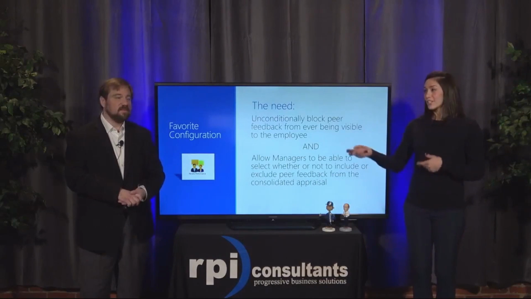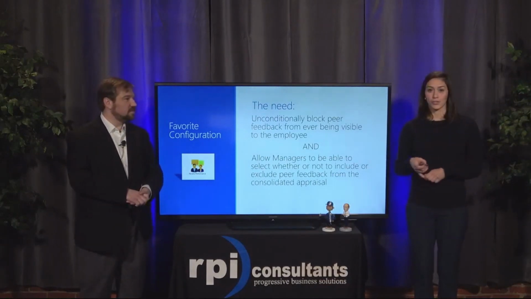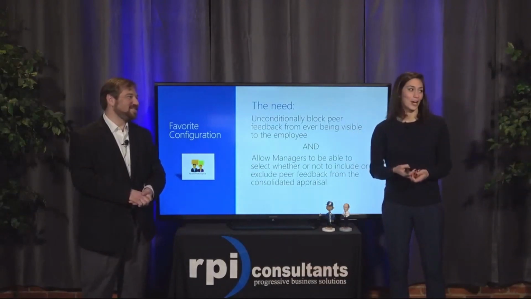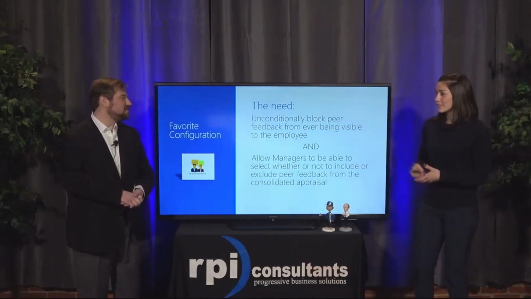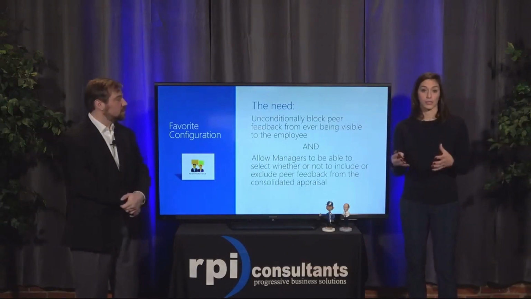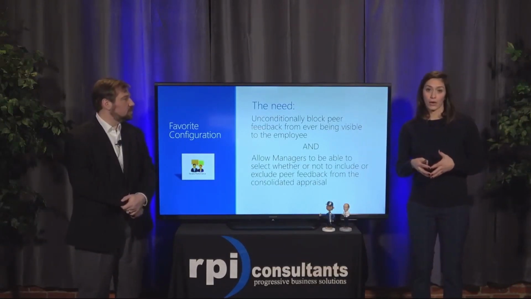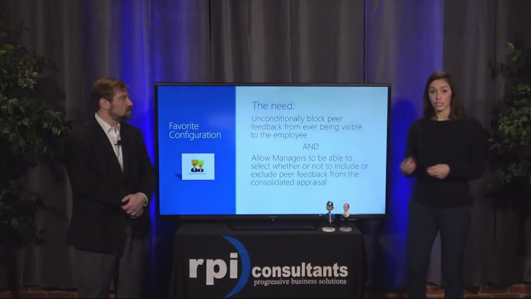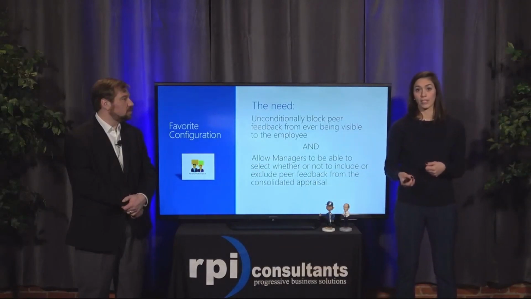So we're each going to talk a little bit about our favorite configurations, which happen to be a bunch of configurations in one process. For my favorite configuration, the need was based on performance appraisal. Delivered right now in the performance appraisal system, you can have other rater feedback. However, you can't conditionally show that other rater feedback depending on who you are.